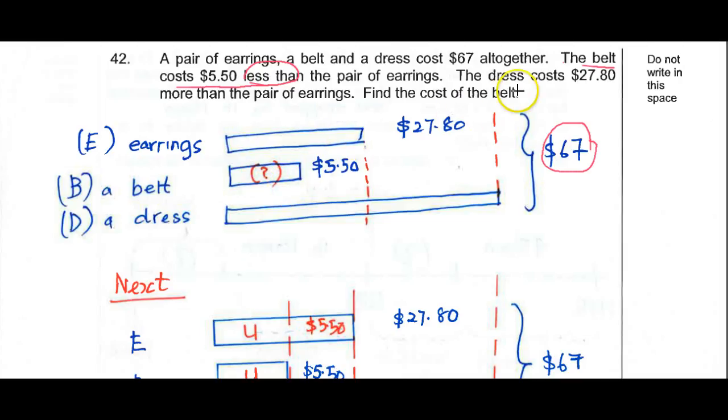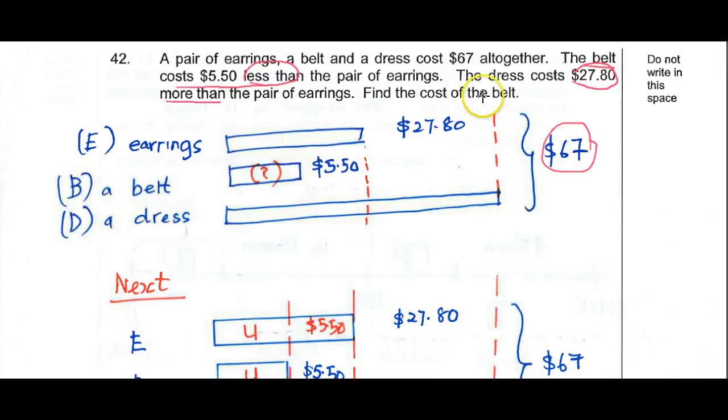Now next, the second relationship. A dress costs $27.80 more than a pair of earrings. This is the cost of the pair of earrings. This is the difference. It means the dress is $27.80 more than the earrings.